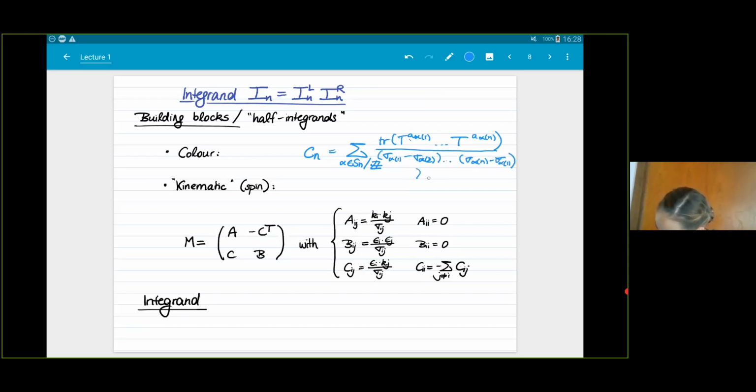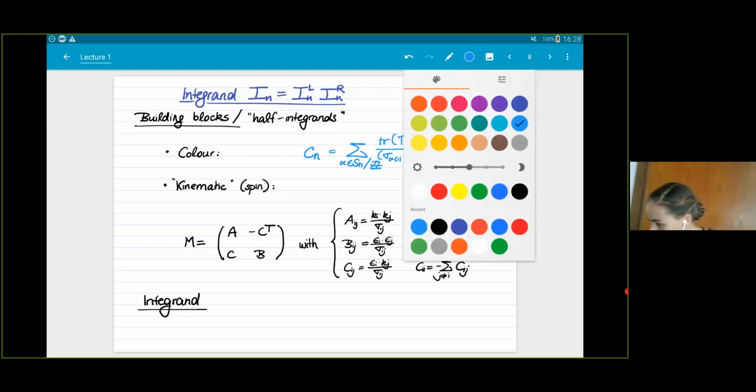Now, sometimes I'm going to write this Parke-Taylor factor just for conciseness as alpha 1 up to alpha n with brackets around it. And if I'm feeling particularly lazy, I might just write alpha, just for you to see the notation once.